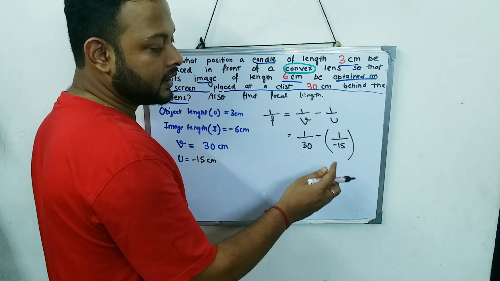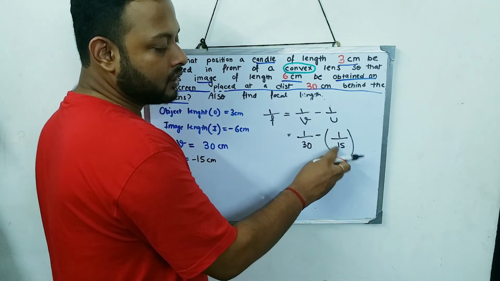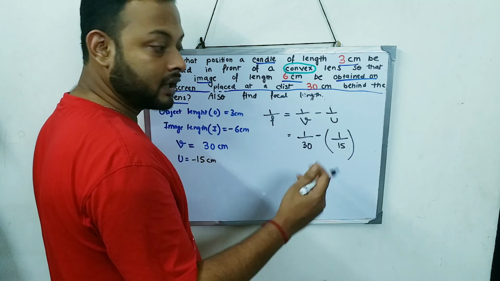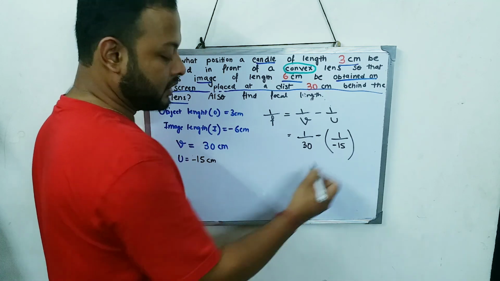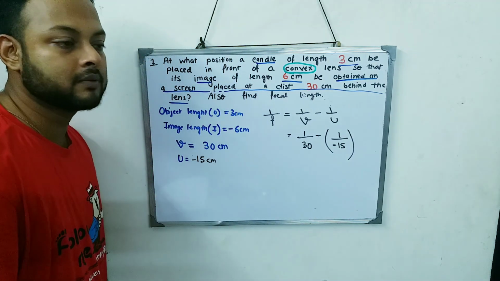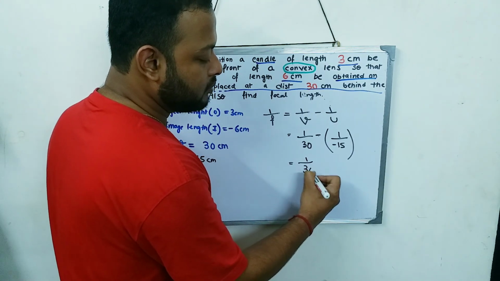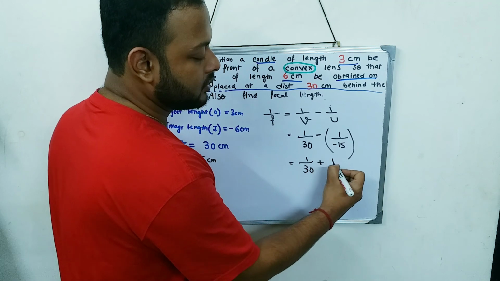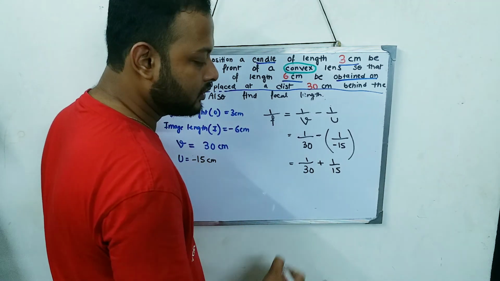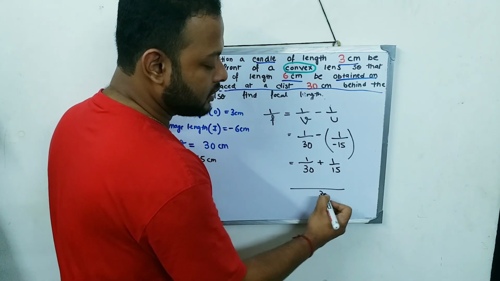So don't say I already have a minus, so I don't need to put this minus again. No, that becomes wrong. You have to put this minus because the value of u is minus 15. Now solve it. 1 by 30 minus minus plus 15. LCM is 30.